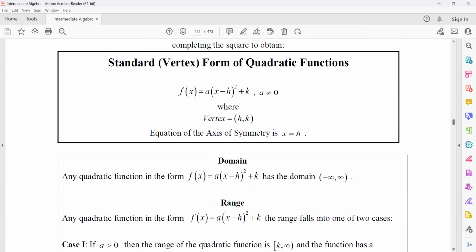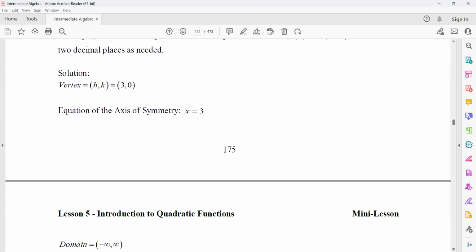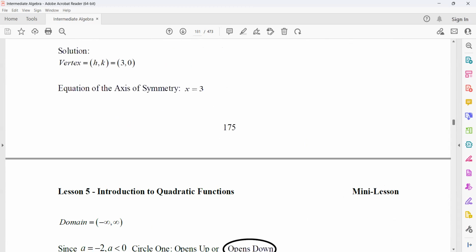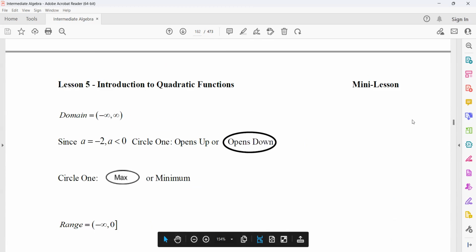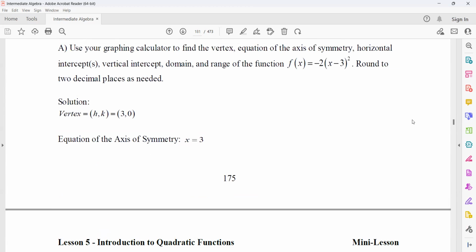So we are going to compare this to what we have here. So we have f of x equals a(x minus h) squared plus k. That is what we have.